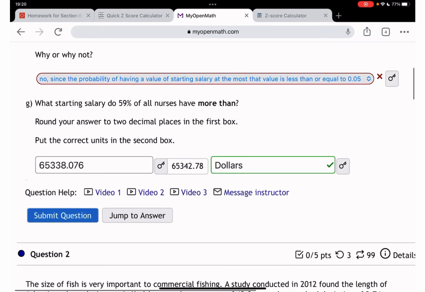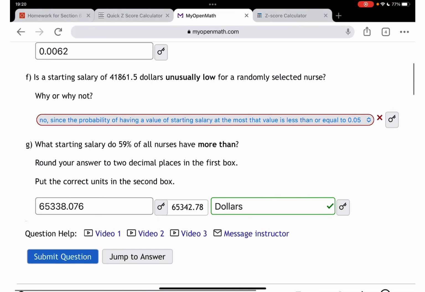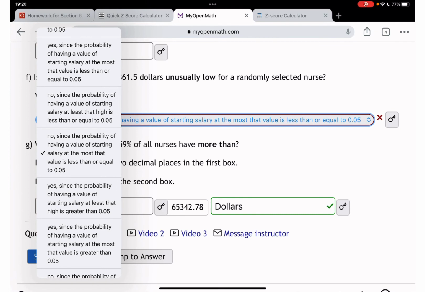Oh, this one also was wrong, or I touched it and moved the answer somehow. Let me see. Oh no, I never choose no. It's supposed to be yes. The value at least, no, it's the most.